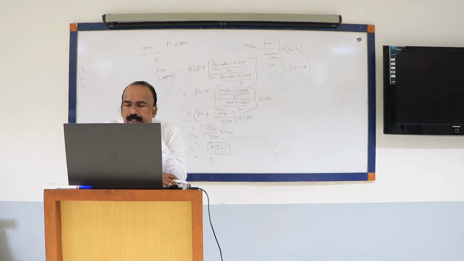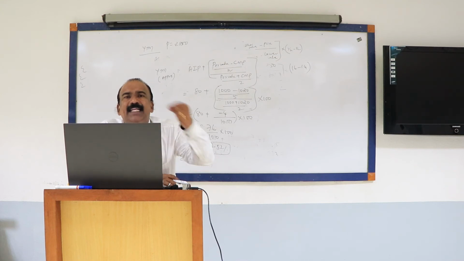So no problem. Now, all of you understood? Any clarification on approximate YTM? Now, look at realized YTM. What is the assumption here? The bondholder is receiving 80 rupees per year. This 80 rupees is reinvested.